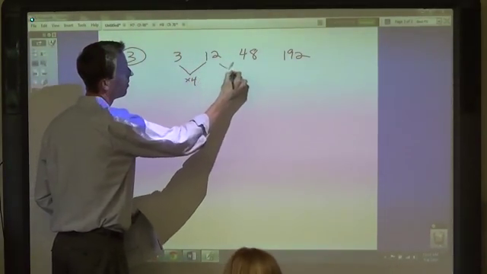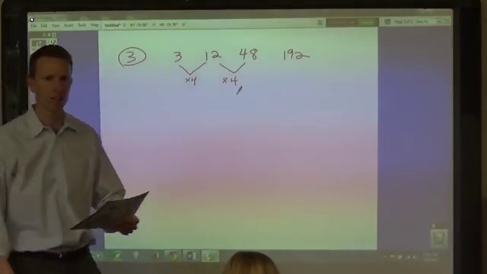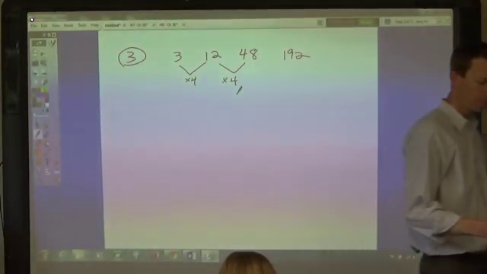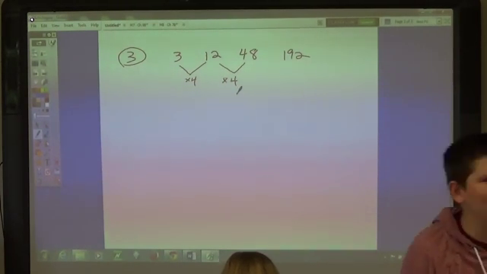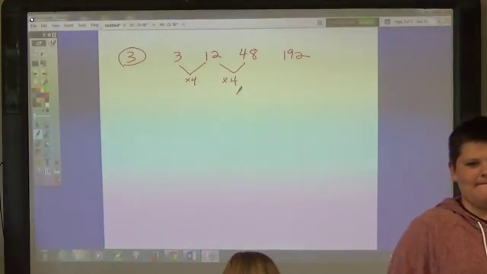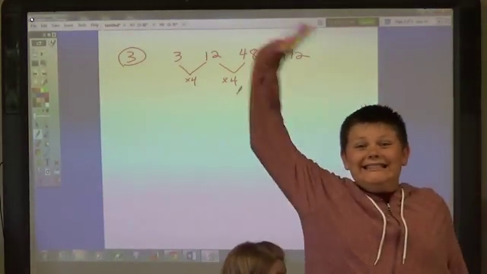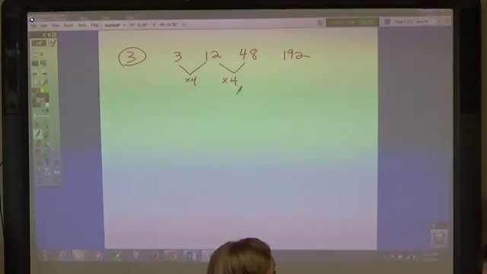Times 4. Times 4, right? So we're finding the pattern, finding the sequence. Okay? It's double.